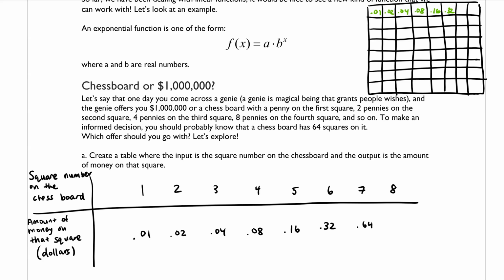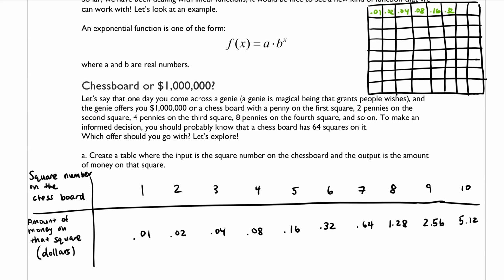It doesn't seem like this would be that great of a payoff, right? Like these numbers are kind of small. So on the 8th square, there'd be $1.28. The 9th square, there would be $2.56. And on the 10th square, there would be $5.12.